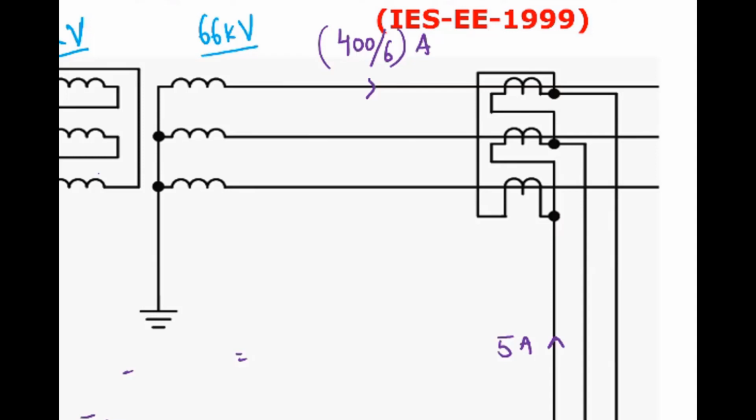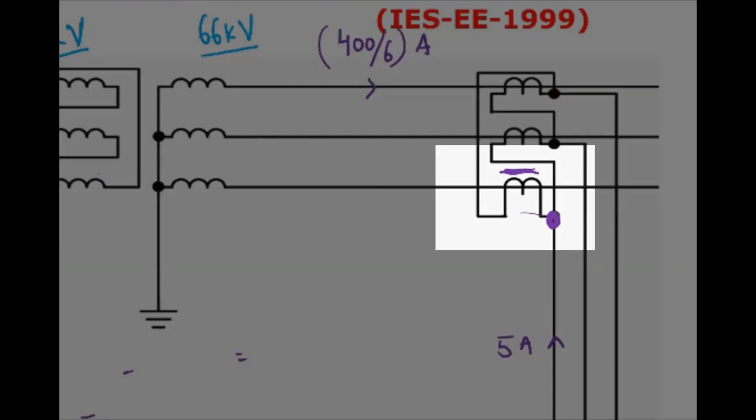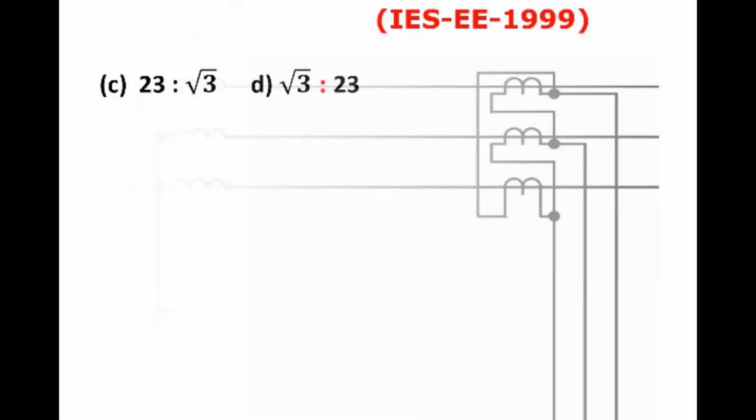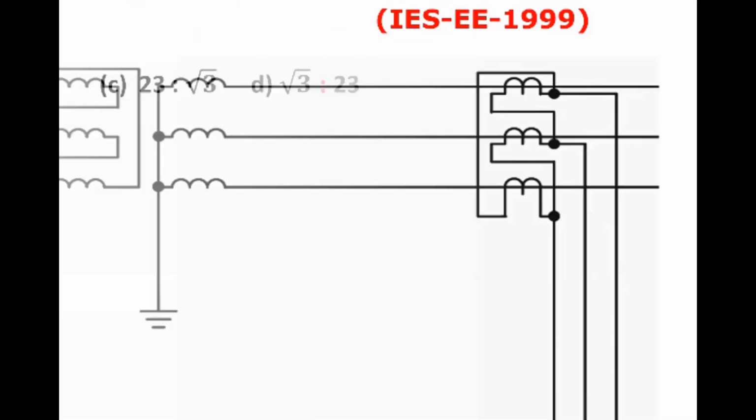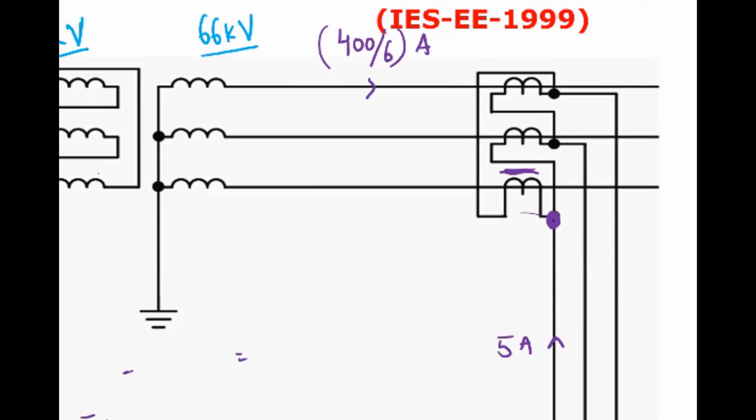Now this current, after coming here in a delta, this is the line current. It splits into two phase currents. Now the phase current that is flowing in this winding, what is it? Line current is 5 ampere. What should be the phase current? By root 3. Understand? In delta, line current equals root 3 times phase current, so phase current will become line current divided by root 3.